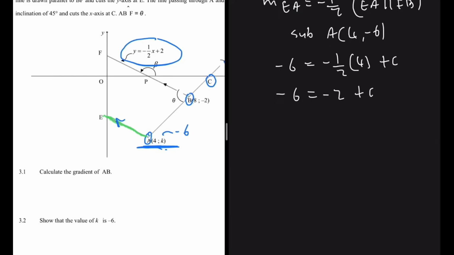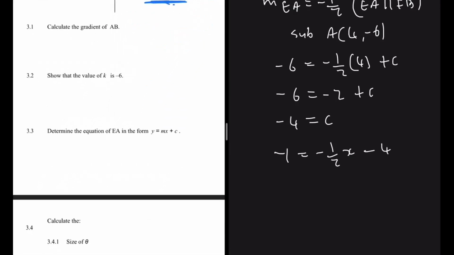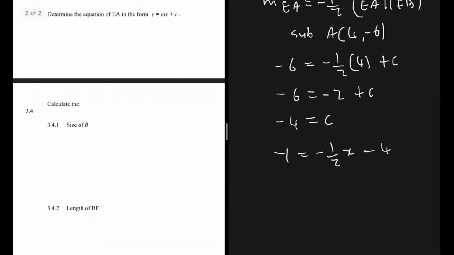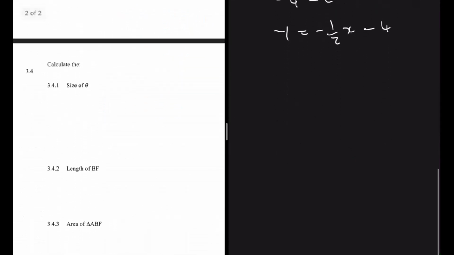So we take minus 2 to the other side, we get minus 4 is equals to c. So our equation becomes y is equals to minus a half x minus 4, right? Because we just figured out that c is minus 4, and we have our equation for EA. And then let's move to 3.4.